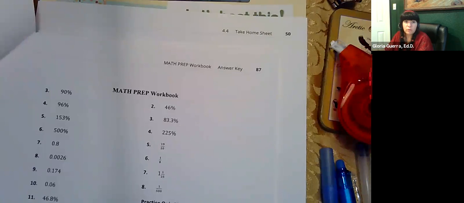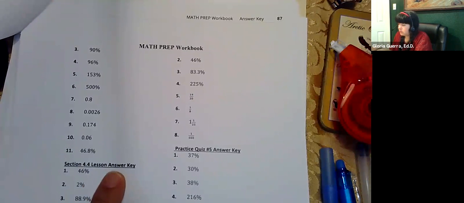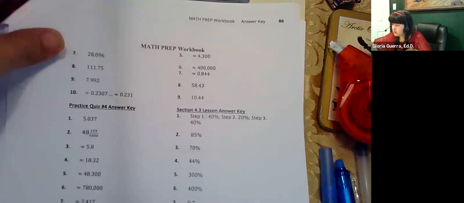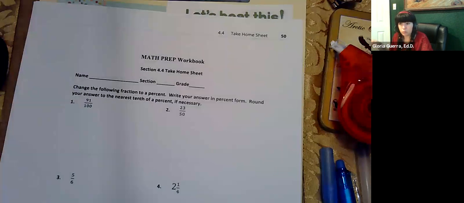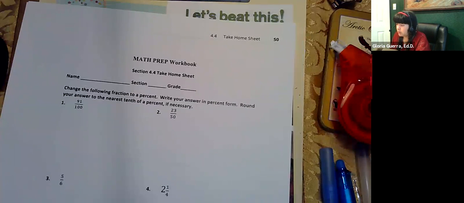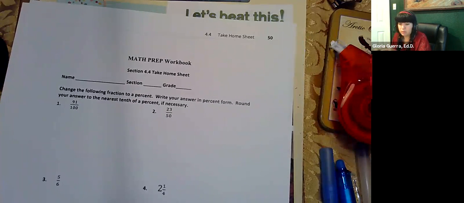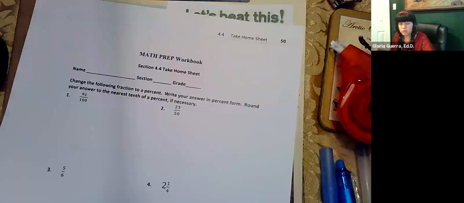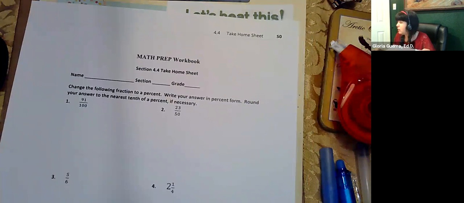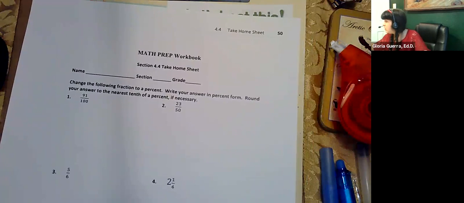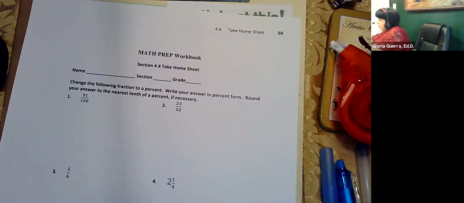Yeah, see, 4.4 lesson key, 87. And then don't forget you have a practice quiz also in the workbook. I just have the take home, but you also have in the workbook a practice quiz that you can go to, and then an answer key to check that. So just keep up with that because that's helpful.